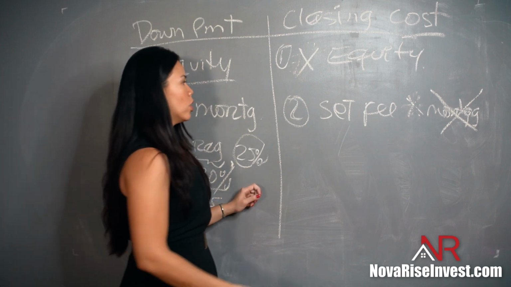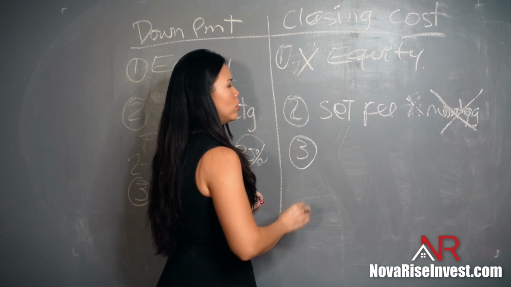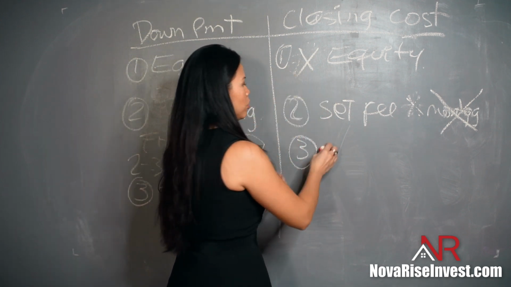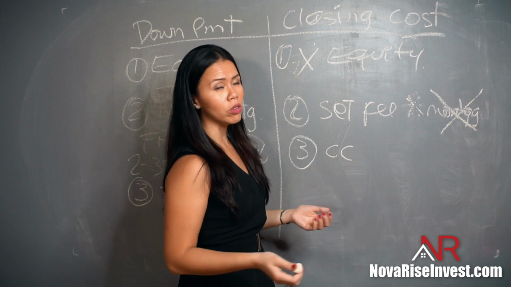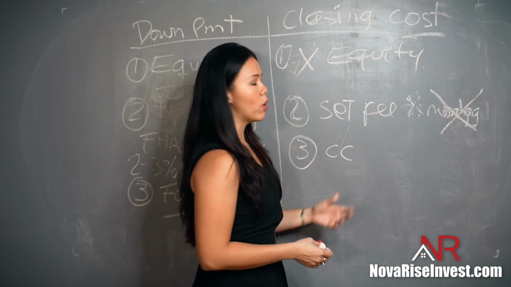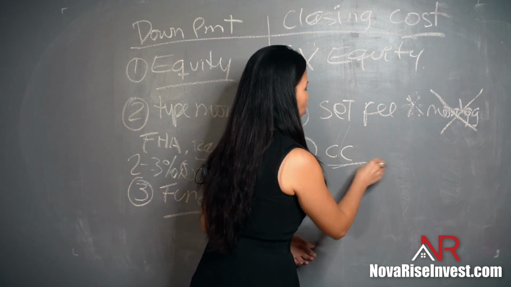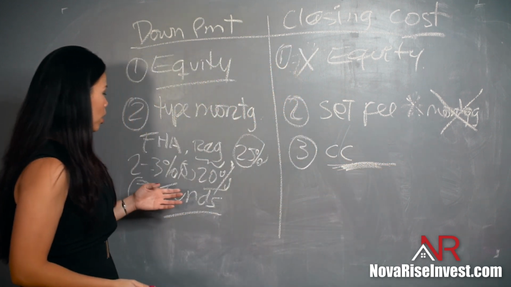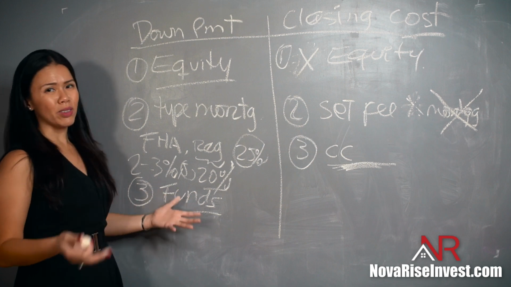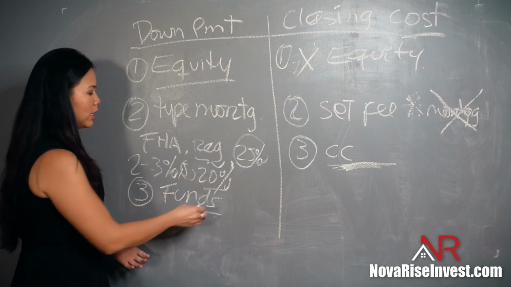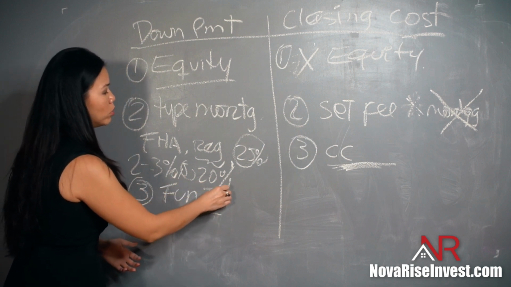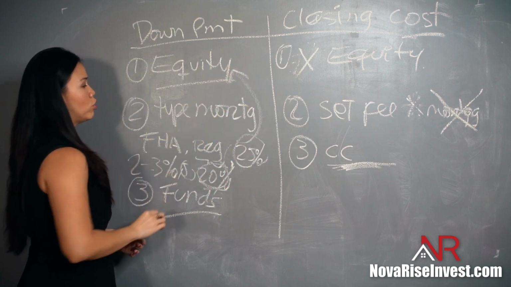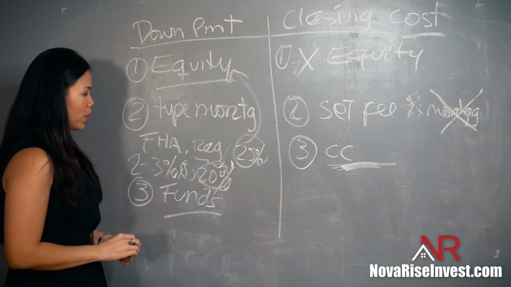Meanwhile, with closing costs, you don't necessarily have to use those funds in your bank account. You can actually pay for those fees using a credit card, or you can use the money in your bank account and just simply wire them. But you don't need to evidence where exactly or how exactly you're paying. Meanwhile, here they want to see, because it's a large amount too, where exactly is that money coming from that's going to help you contribute this 20-25% all the way up to the equity of your property.